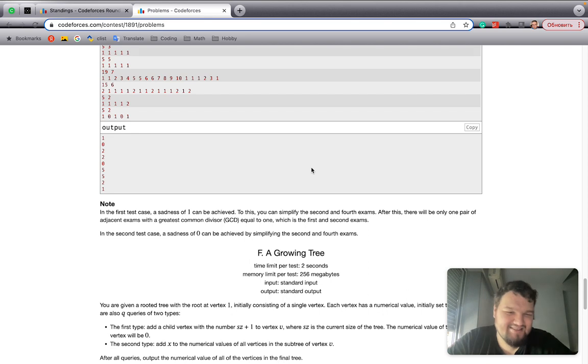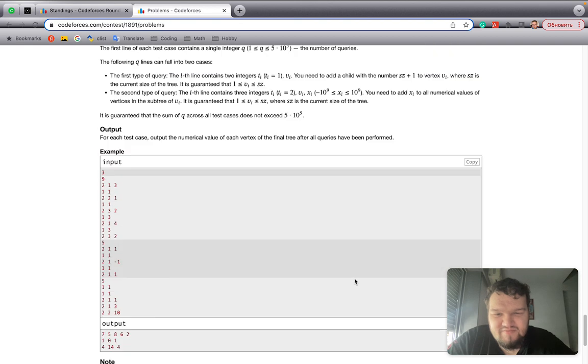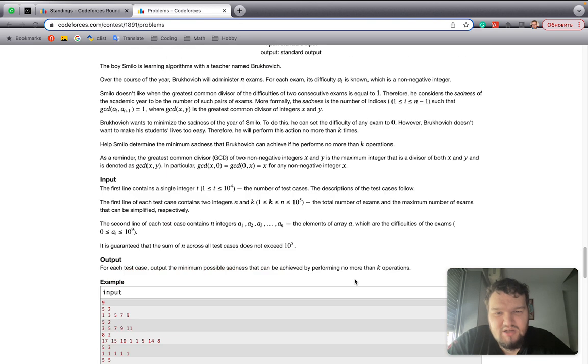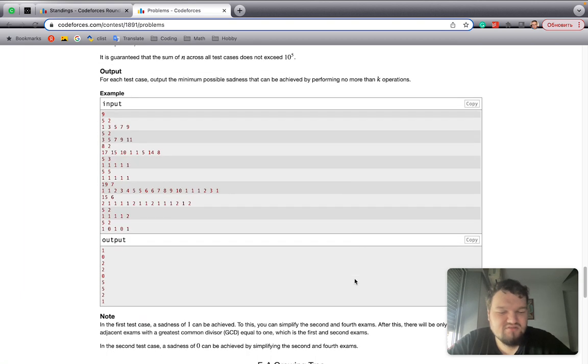And F is like an educational problem, with queries and subtrees, and the existence of offline algorithms. Yeah, did not expect that from problem F. Maybe the intended solution is harder. I don't know.